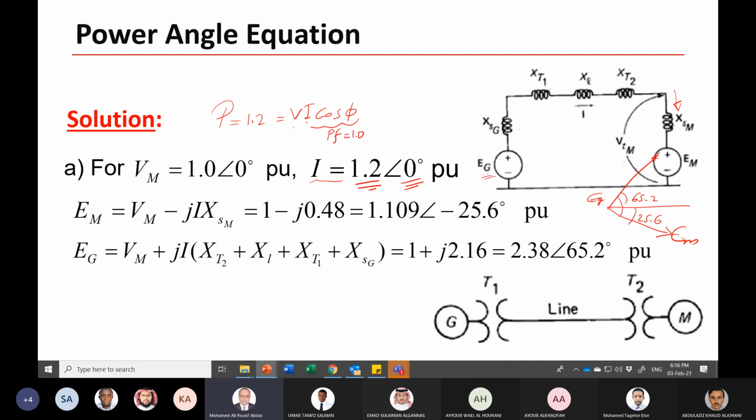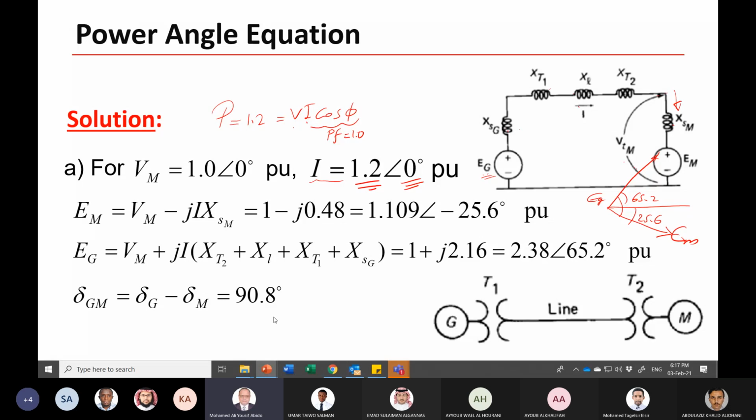So the angle between point 1 and 2, or generator and motor, will give you delta 1,2 or delta GM, which is delta G minus delta M. So you can have it equal to 90.8. So this is the rotor angle in this case.